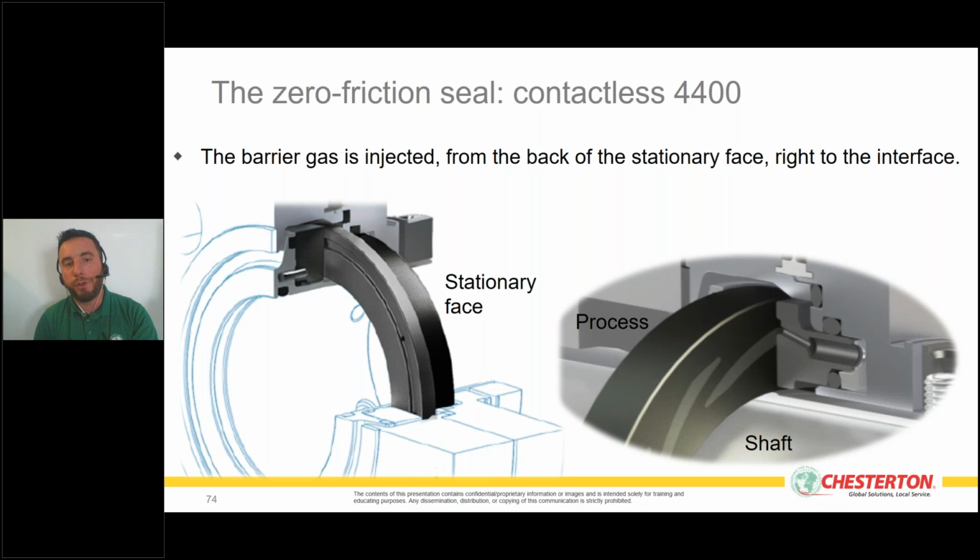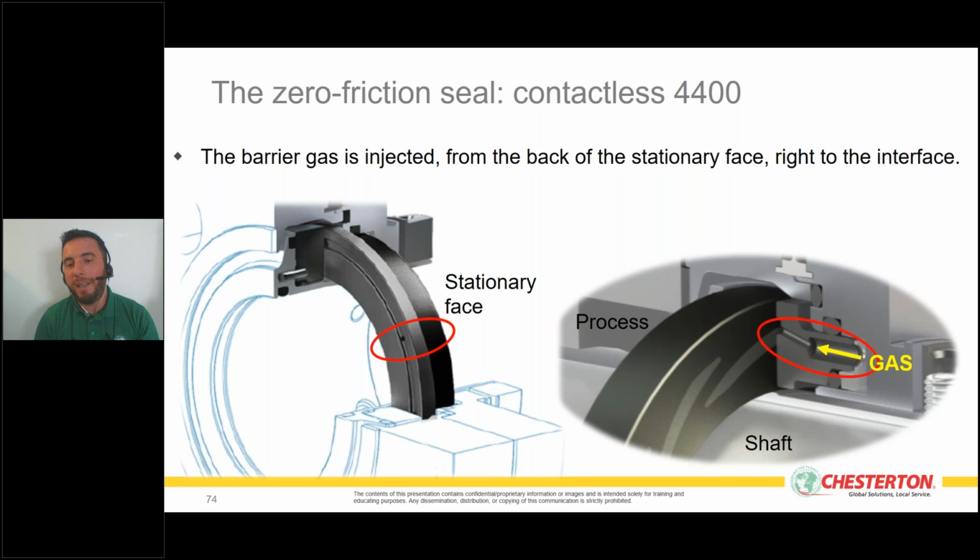And as a final conclusion, we can even go further than that with a zero friction seal, the contactless 4400 gas lubricated seal, where there is no contact at all between the rotary and the stationary face, because the faces are running on a cushion of gas. So that's a real seal with no energy consumption at all.